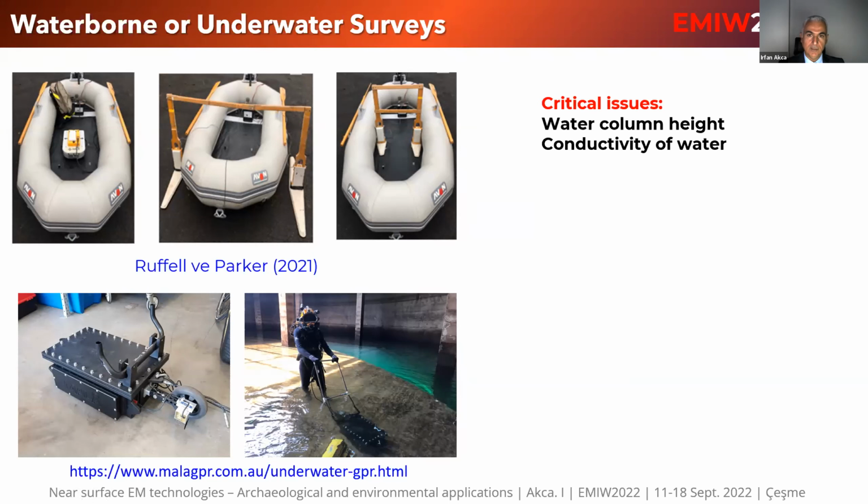Apart from that, we can use the same systems to measure the data on the water, but it's required to note that GPR is dependent on the electrical properties of the medium. So in a sea environment, for example, the EM method will fail and not work because of the conductivity and the electric properties of the water.